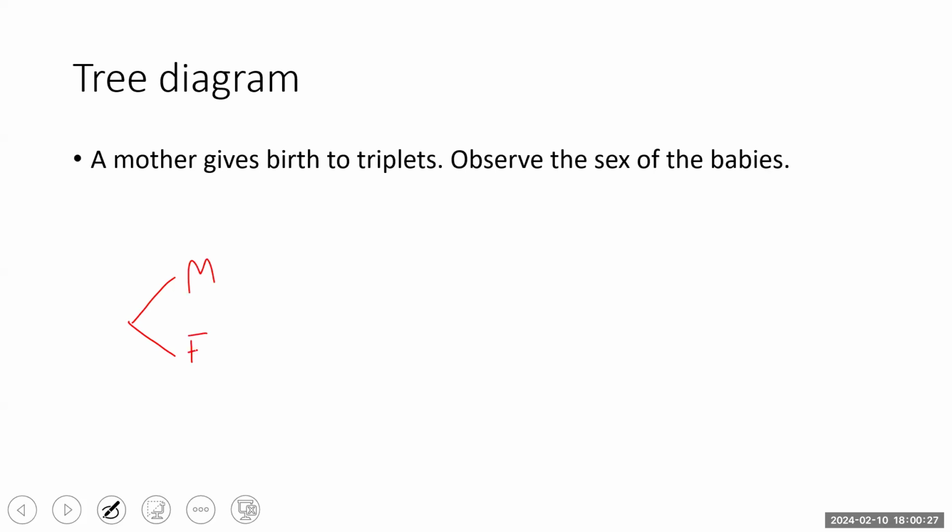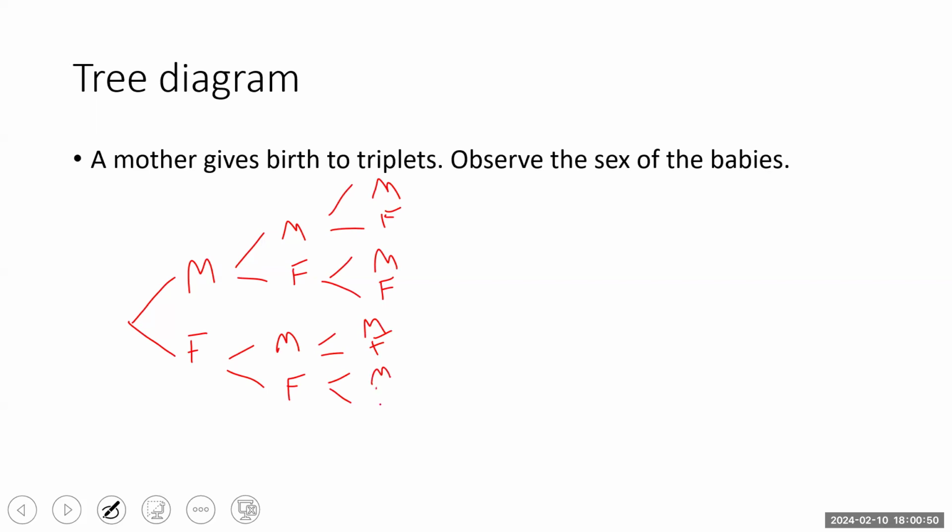The second baby out, even if the first one was a male, could still be male or female. If the first one was a girl, the second one could still be male or female. Even if our first 2 are boys, our third one could still be male or female. If I have a male and female first, I could still have the third one be male or female. And so on. No matter what those first 2 are, I have the options of male and female for each one.